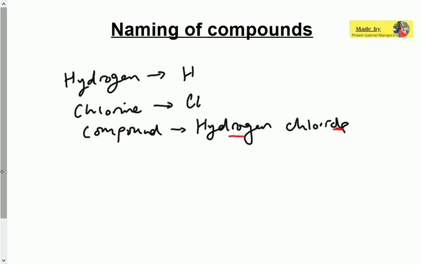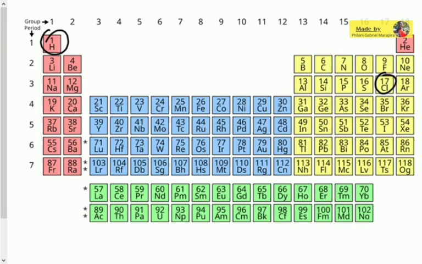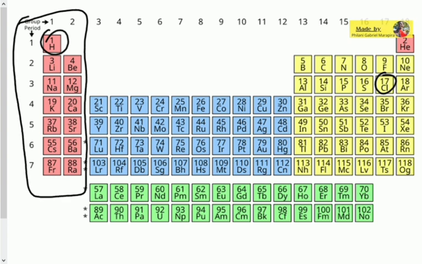You have to take the elements which are on the left hand side first. You're not going to say chloride sodium; you're going to say sodium chloride, lithium oxide, hydrogen oxide, potassium oxide, all of those.